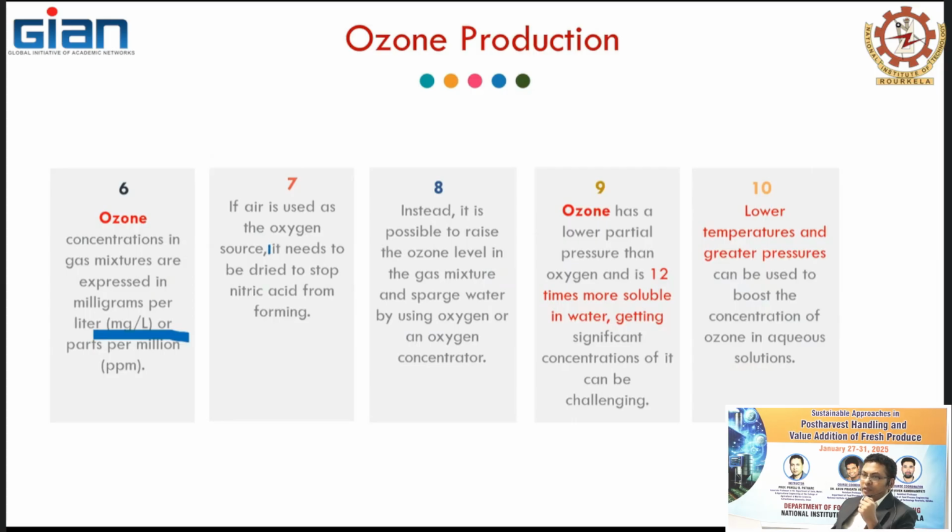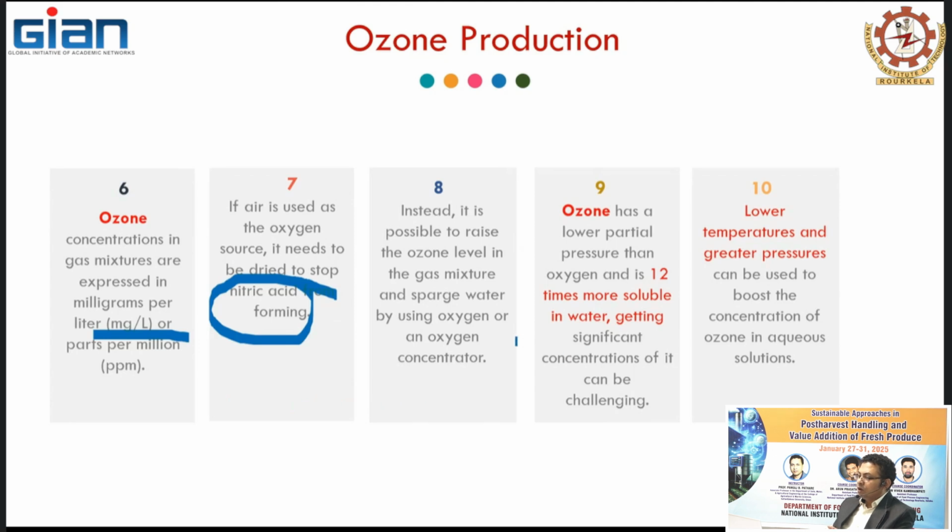If this air is not dry, there is a chance of nitric acid formation. To avoid that, we need to make it dry. When we make it from air, it is a blue color; if it is from pure oxygen, ozone is completely colorless.